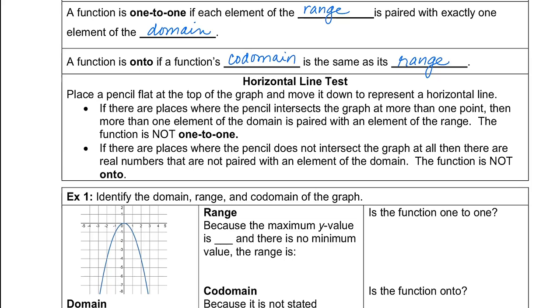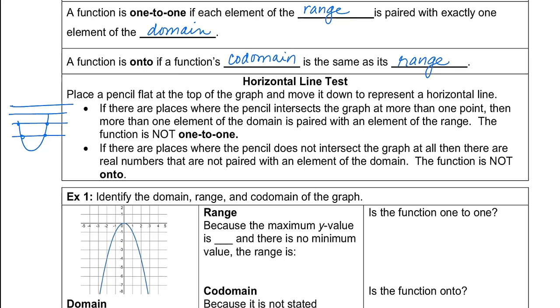The horizontal line test: place a pencil flat at the top of a graph and move it down to represent a horizontal line. So this time, if we have a graph like this, we would start moving a horizontal line down and seeing how many times it crosses.